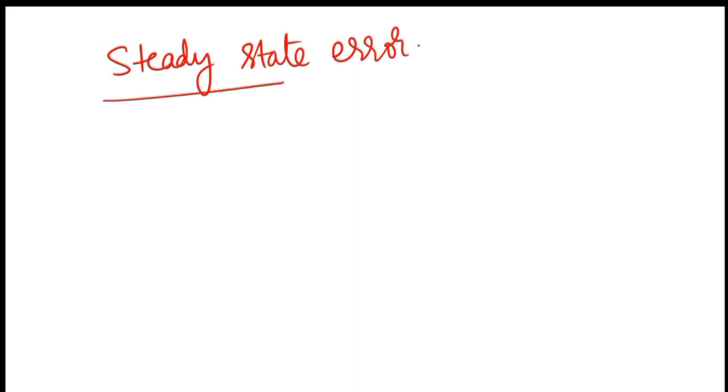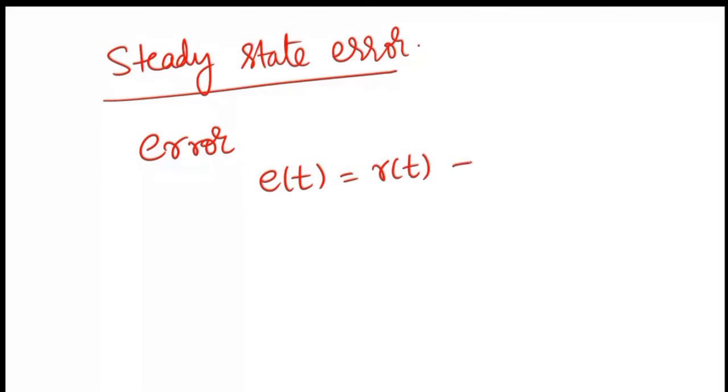Next is steady state error. Before going into the definition of steady state error, let us try to understand what is meant by error. The error is defined as the difference between the reference input and the output that we obtain.